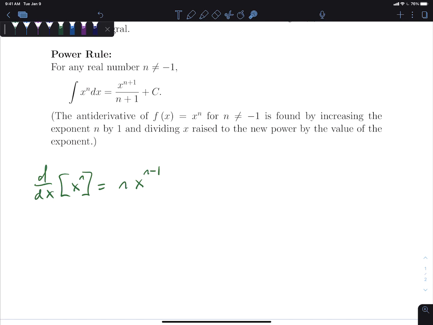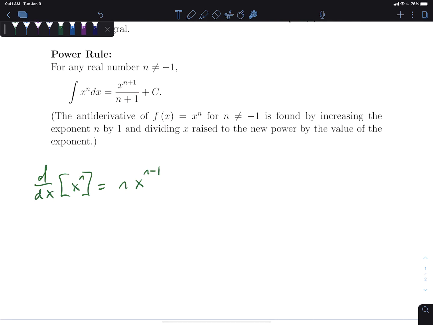Well, the antiderivative, or the integral, is the opposite of taking the derivative. So instead of subtracting 1 from the exponent, we need to add 1 to the exponent. And notice with the power rule, we bring the n down in front and multiply.